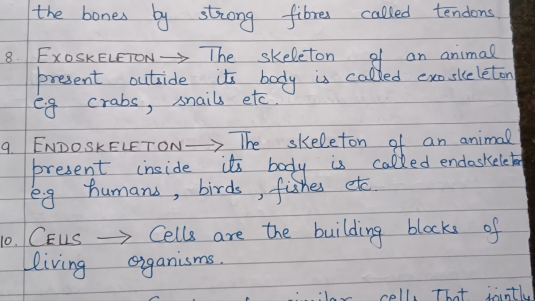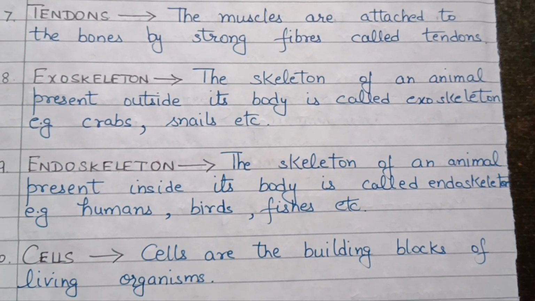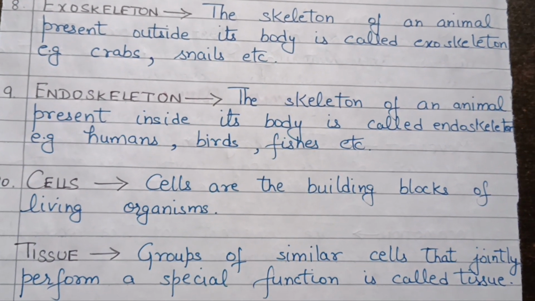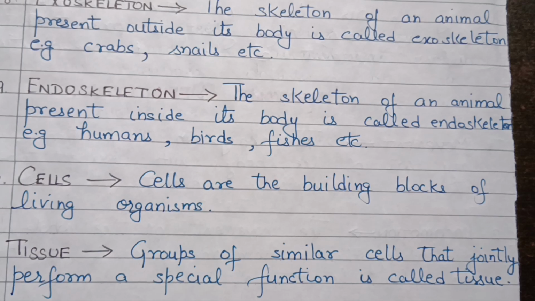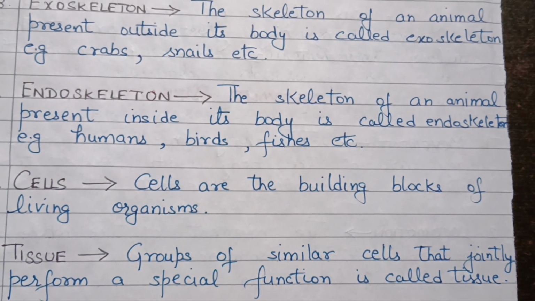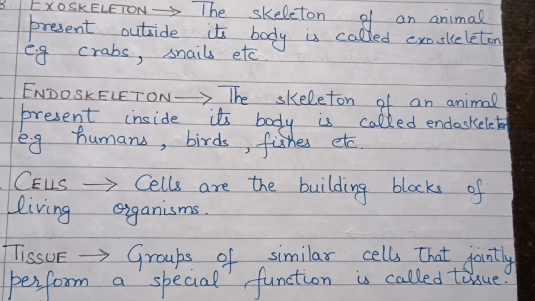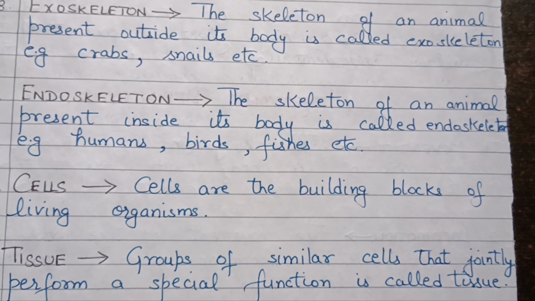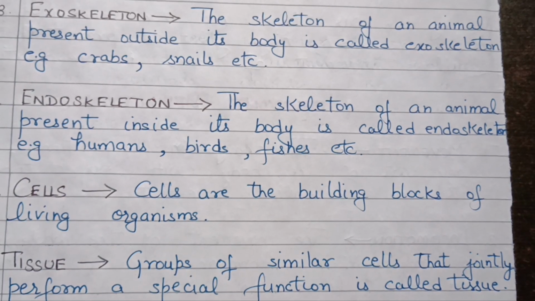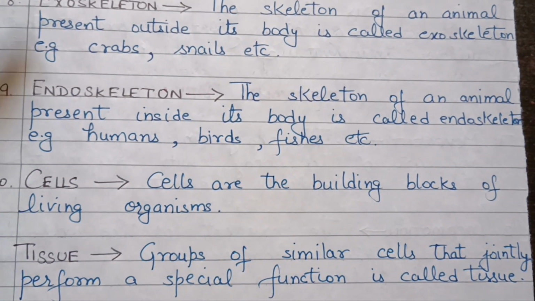Cells. Cells are the building blocks of living organisms. Tissue. Groups of similar cells that jointly perform a special function is called a tissue. So cell is the basic unit, it is the building block of living organisms, and many cells together they form a tissue.